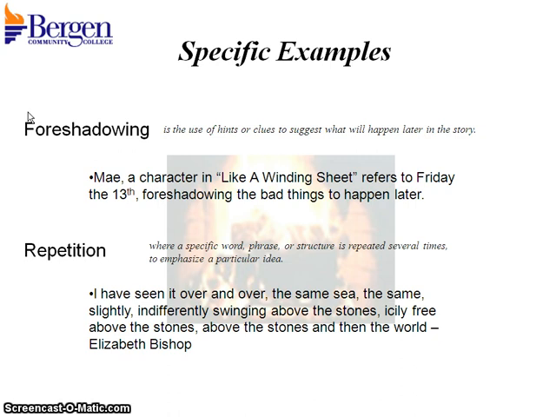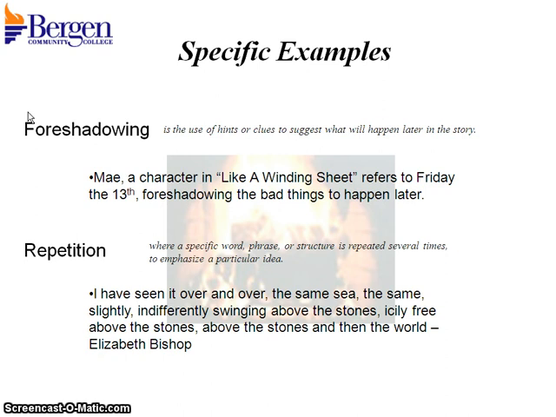So if we see this one: "I have seen it over and over, the same sea, the same, slightly, indifferently swinging above the stones, icily free above the stones, and then the world." This is really interesting. If you say it out loud, which you should with poetry, because a lot of times it's very musical and lyrical, you can see that the poet is repeating it in order to get a kind of feel and a sound.